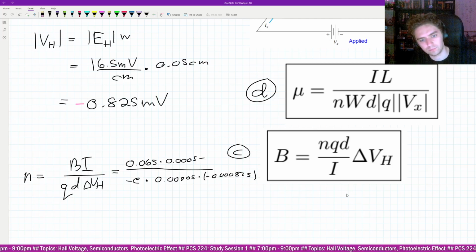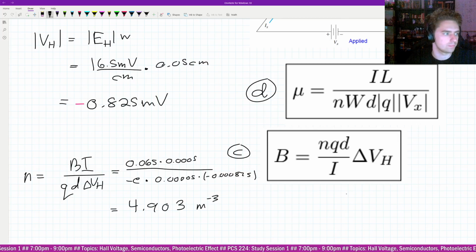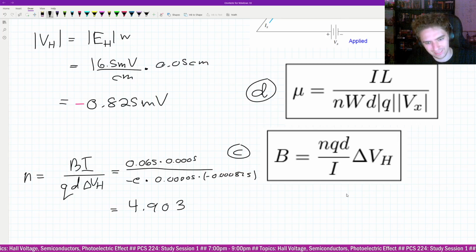Okay, so let's plug that in: 0.065 times 0.0005 over negative 1.602 times 10 to the negative 19 times 0.00005 times negative 0.000825, and I get my concentration is 4.903 per meter cubed. Oops, I forgot the magnitude, the times 10 to the, that's an important one.